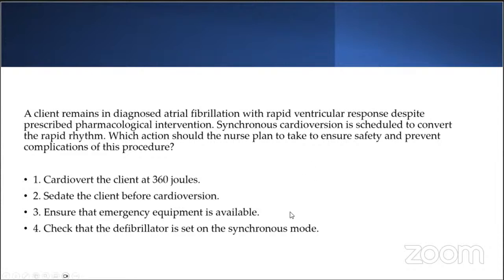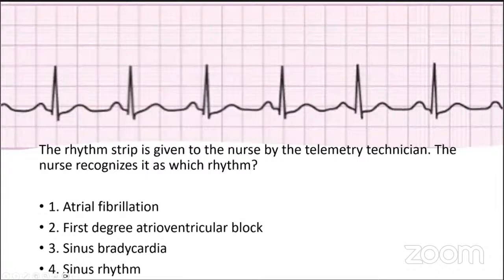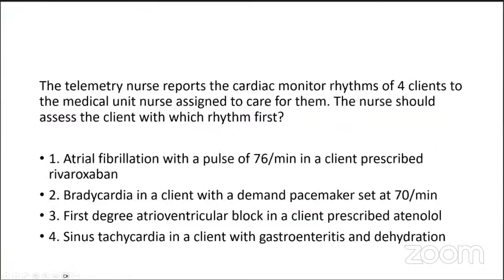Okay, so let me sort. I'm not sure where we stopped yesterday. Did we do this yesterday?